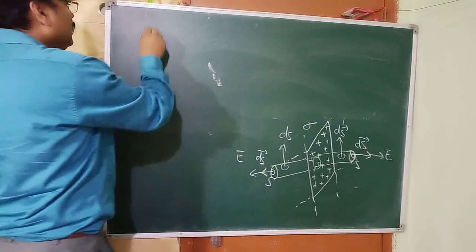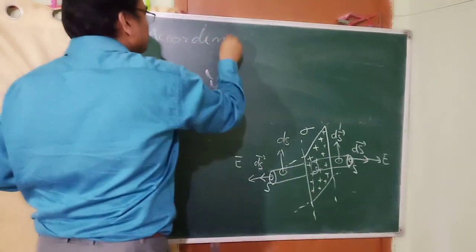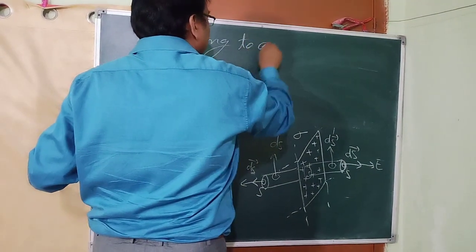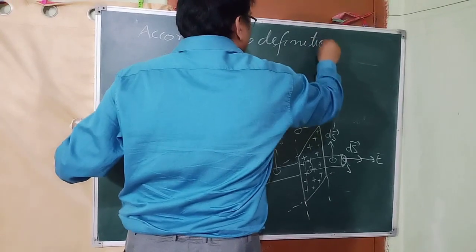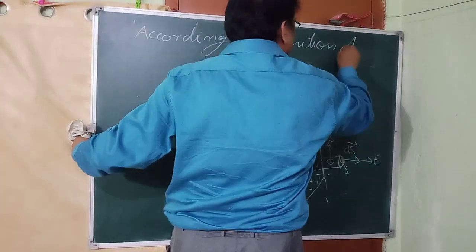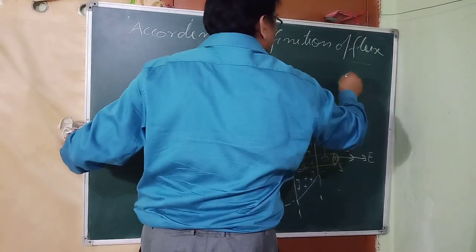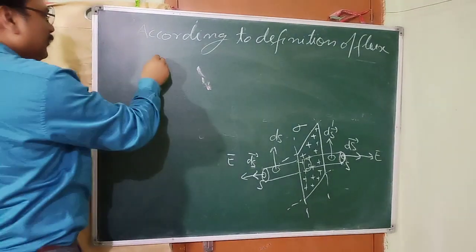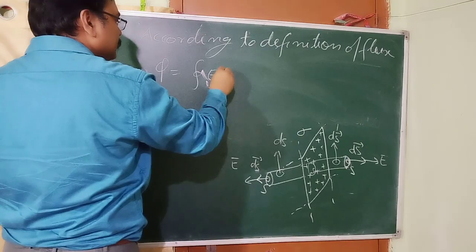Now, what we apply is the definition of flux. We can write phi is equals to integration E dot ds.